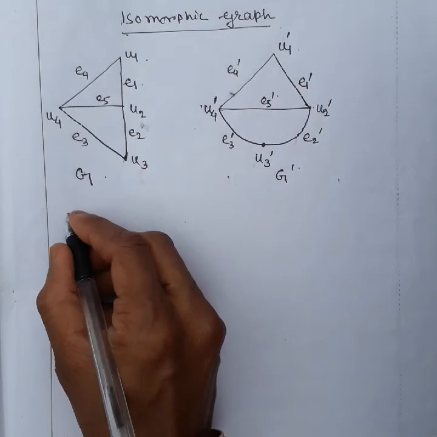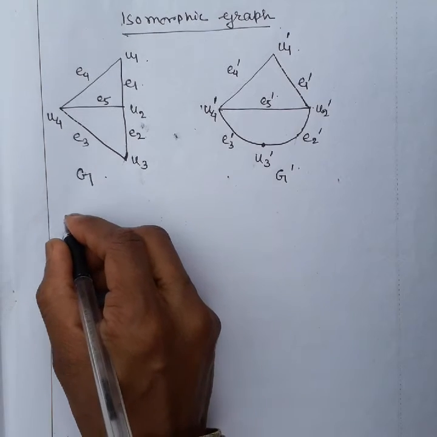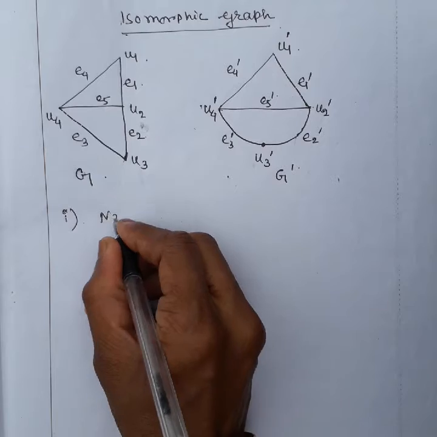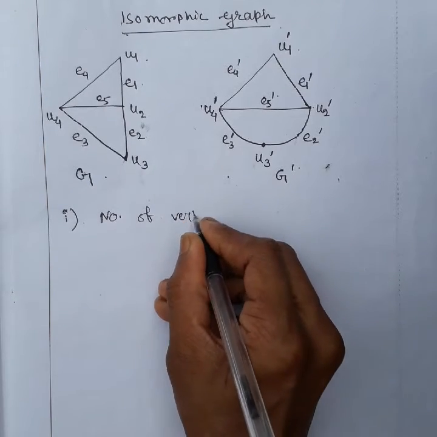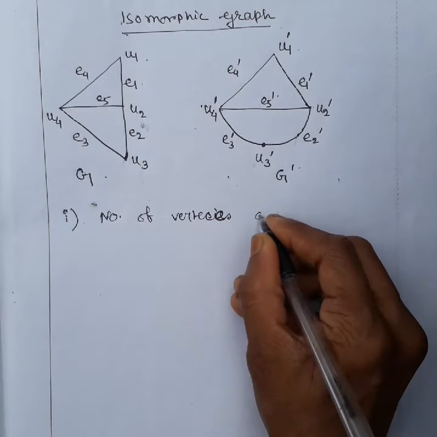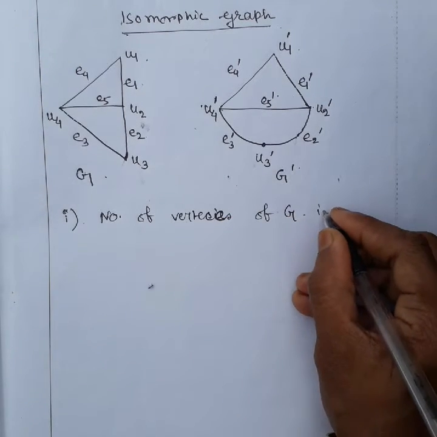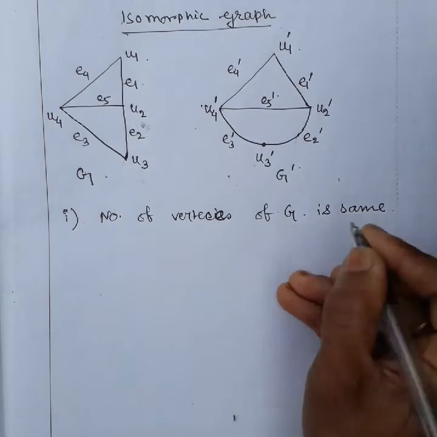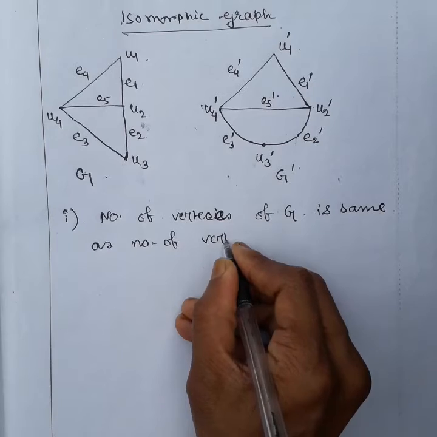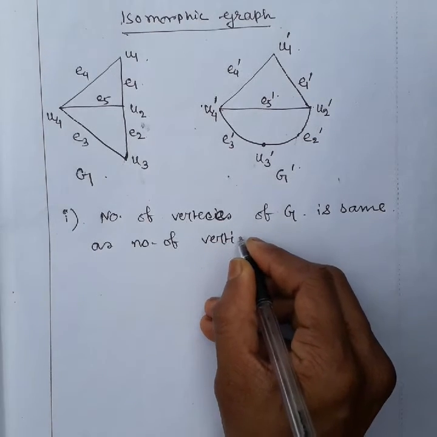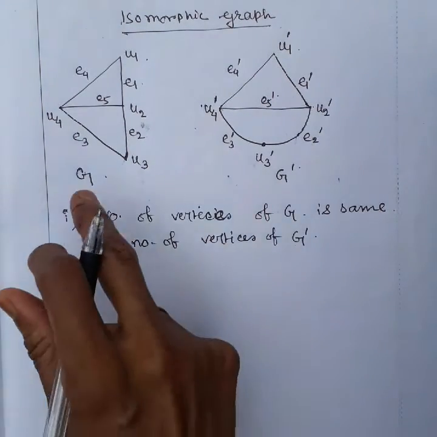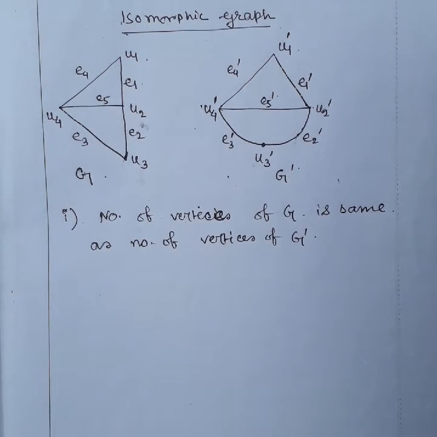To show that these two graphs are isomorphic, first we write here that the number of vertices of G is the same as the number of vertices of G dashed. Okay, so the number of vertices of G and G dashed are both the same here.